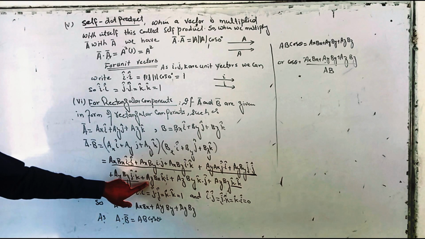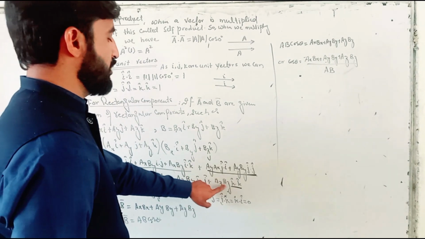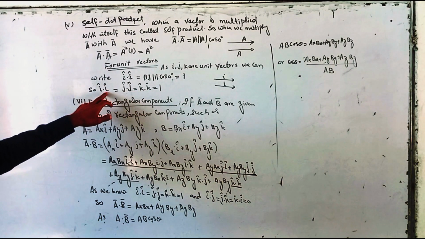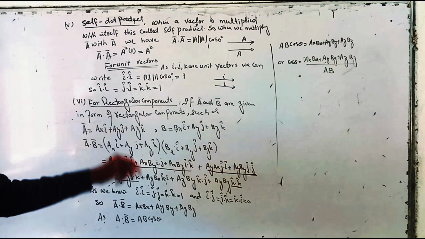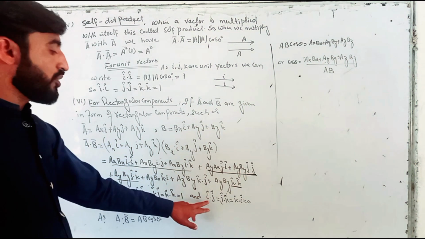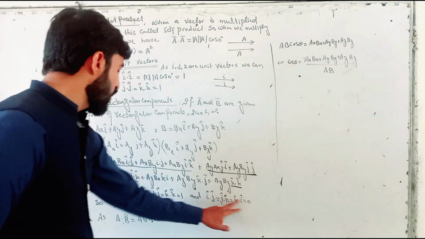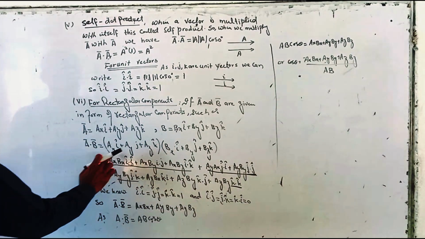As you see here, Az Bx k dot i plus Az By k dot j plus Az Bz k dot k. As we know, I have proved i dot i, j dot j, k dot k is equal to 1, and when these unit vectors are perpendicular, their dot product is 0. So i dot j, j dot k, k dot i is equal to 0. I use these two facts in the above statement.